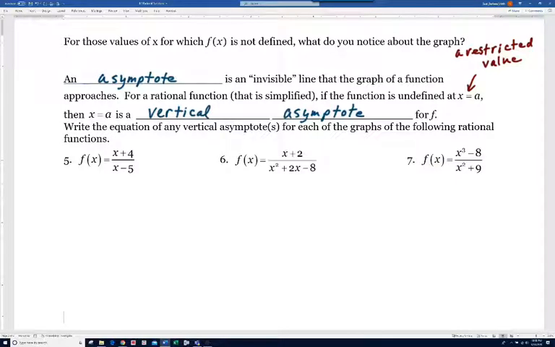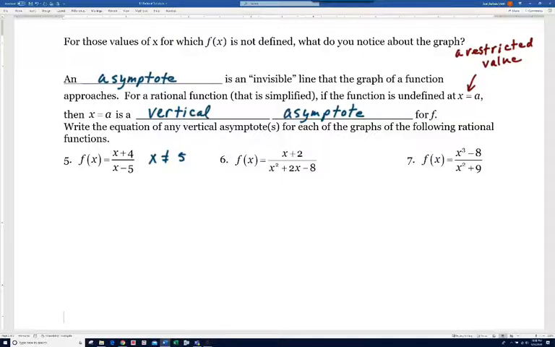So down here we're supposed to write the equation of any vertical asymptotes for each of the graphs of the following rational functions. On number 5, you can see that x can't be 5. Now there's another way to find vertical asymptotes other than just looking at your denominator.